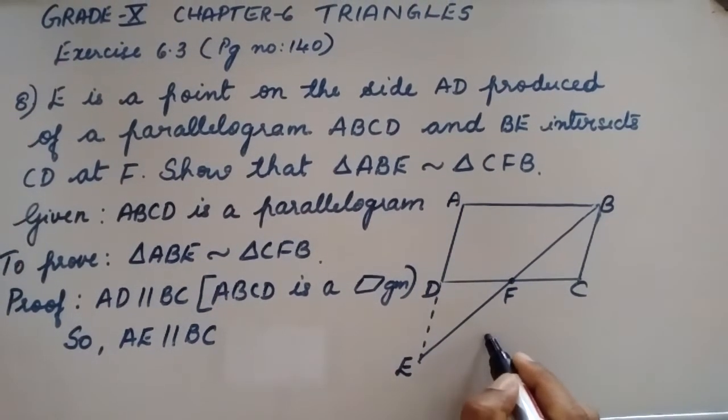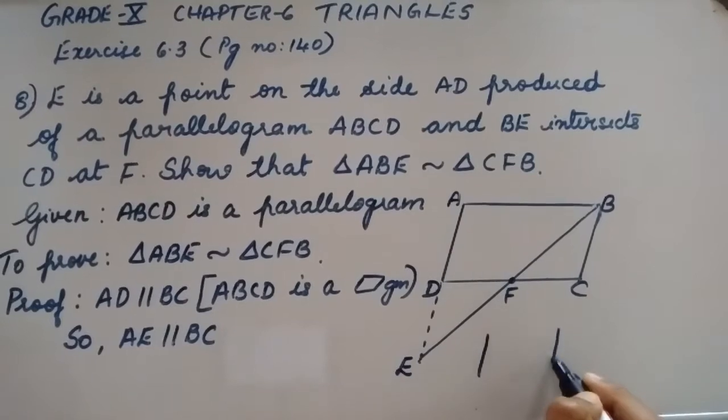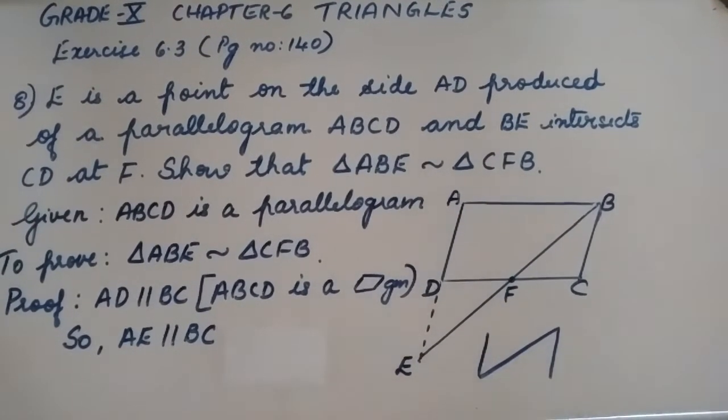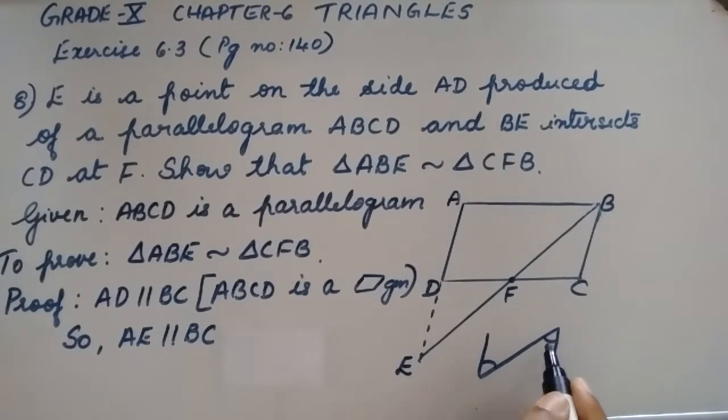Now, if two lines are parallel and if one line comes this way, the angles formed here are called the alternate angles, and these alternate angles are equal.